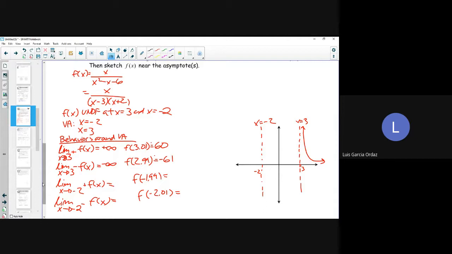What did that approximately give me? Okay, about negative 40 at negative 1.99. Oh, positive 40, sorry.